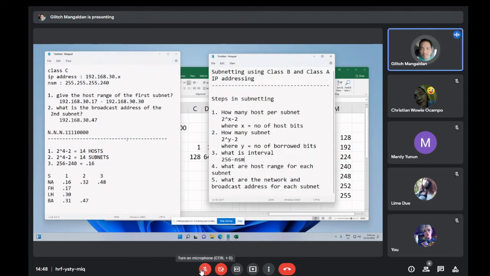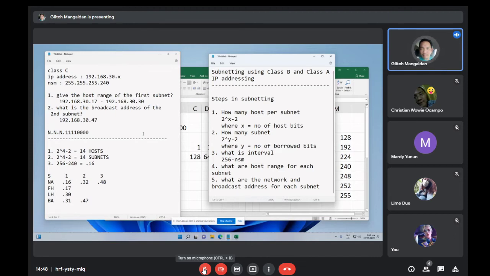Okay, so let's go back. Solve na pala natin to. Ngayon, let's try to test your memory. I want you to answer our questions in subnetting using Class C mode, without computing.